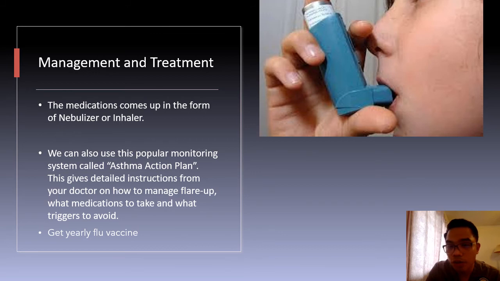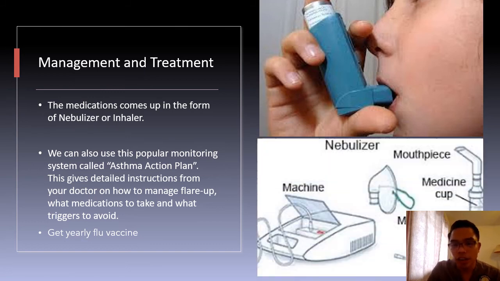Normally when you're prescribed this, you're taught by the provider or a respiratory therapist on how to use the device and how to store it properly. The other one is what we call the nebulizer. The nebulizer is a machine. You can use it via mouth piece or even a mask. And this is the medicine cup where we put the liquid medication.